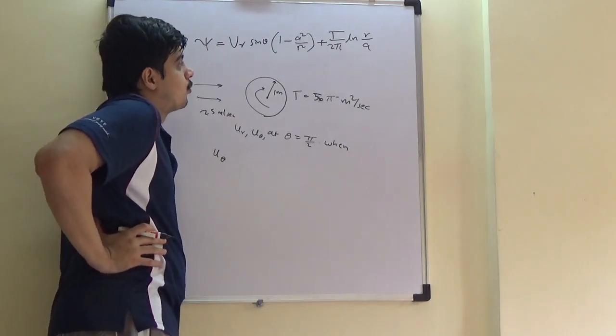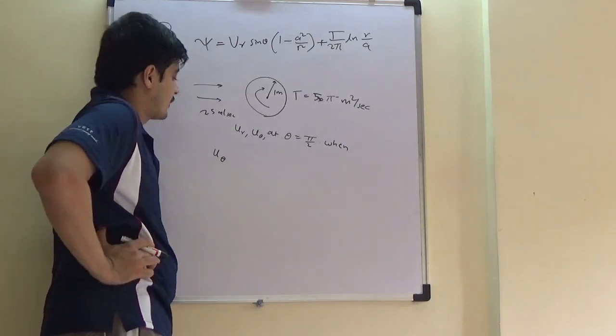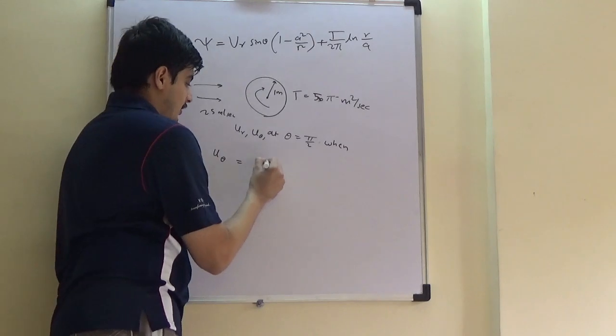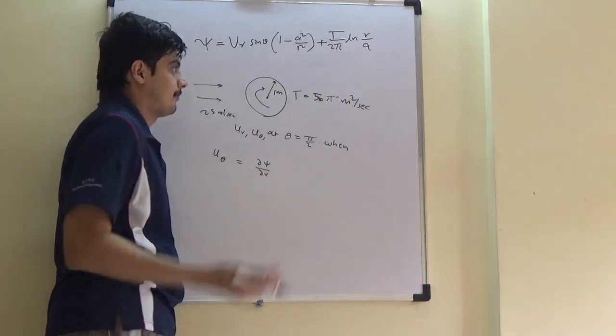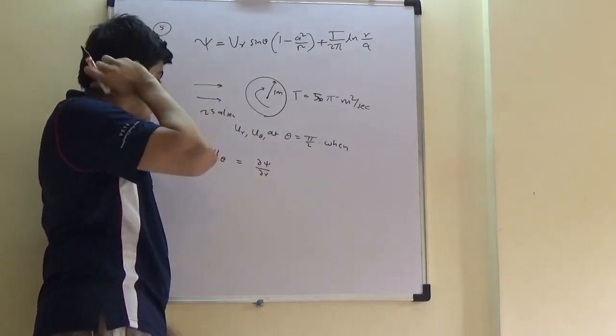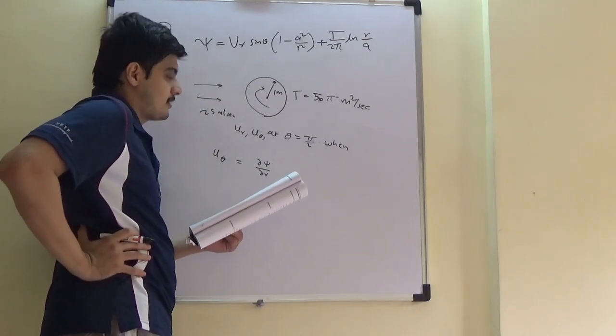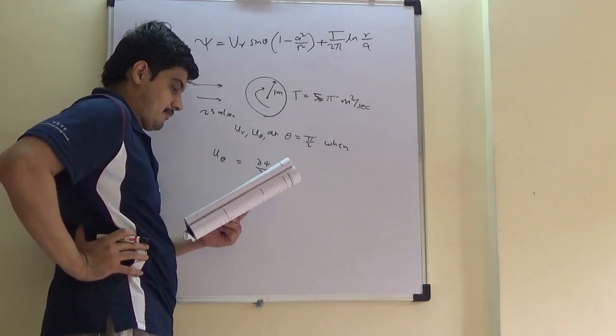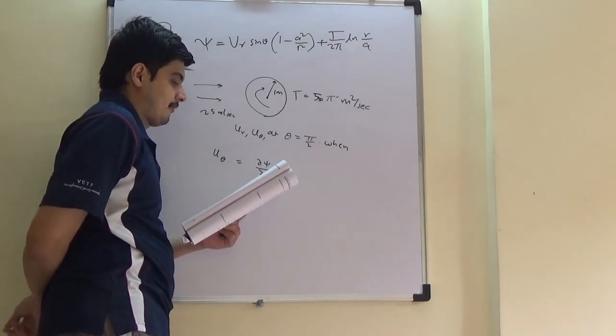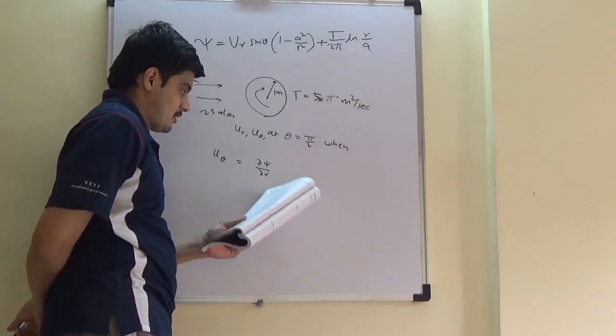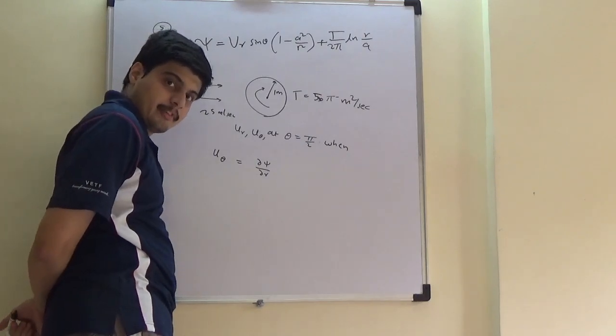Now, what would this number be? U theta is del psi by del r. Does this make sense? Is this the right coordinate frame we are using?